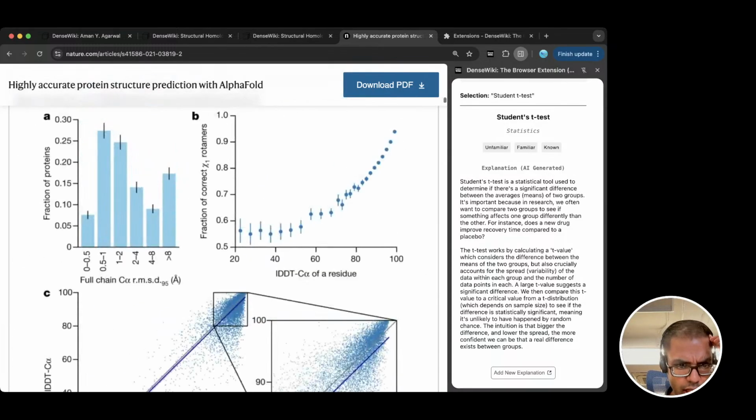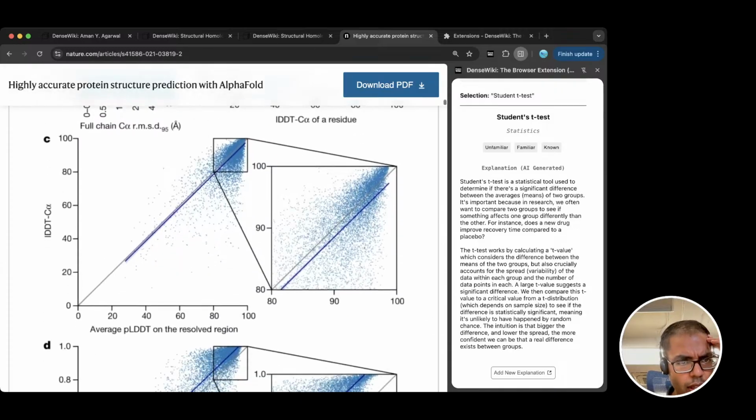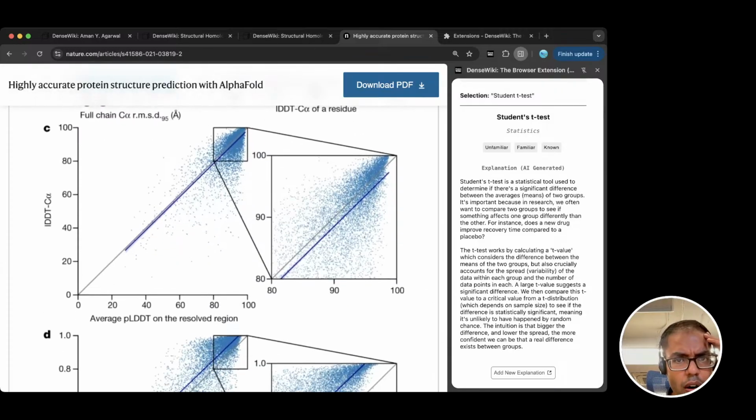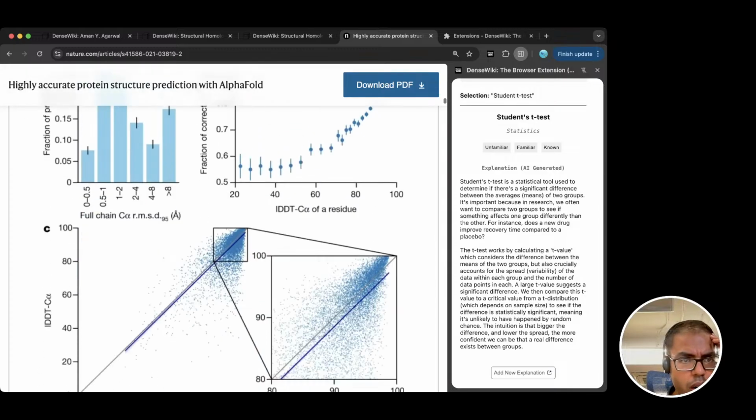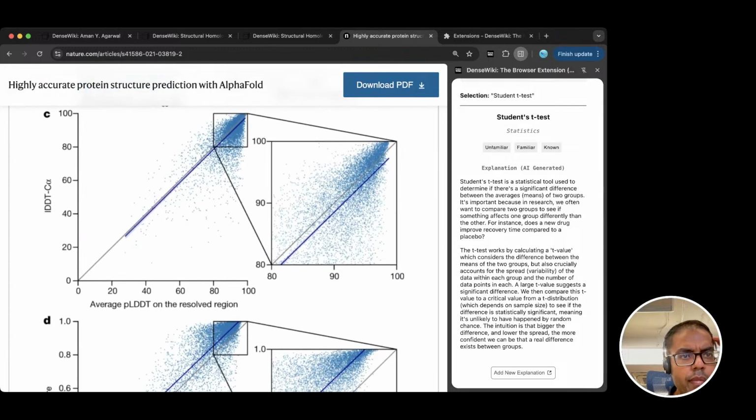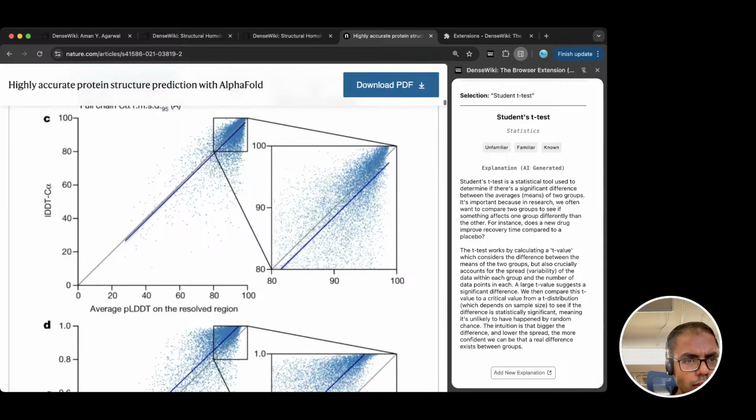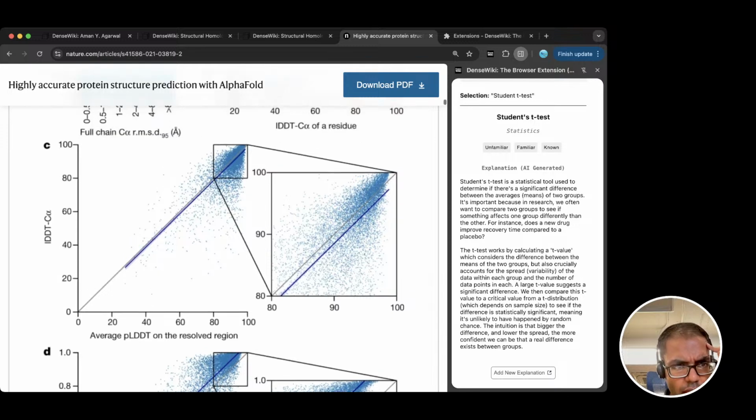Confidence score compared to the accuracy on chains. That's panel C. Average pLDDT on the resolved region, and the LDDT on the carbon alpha.